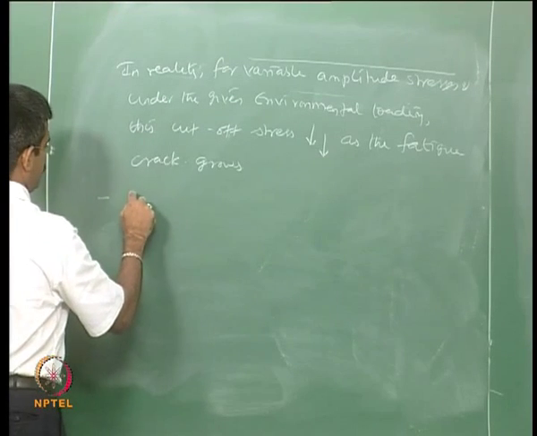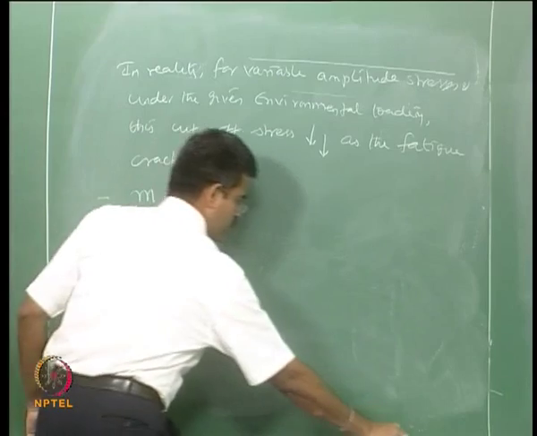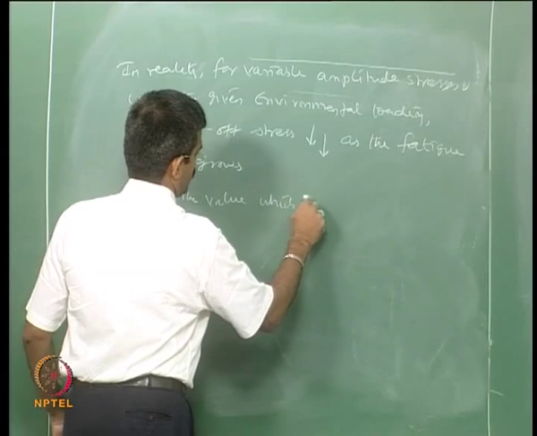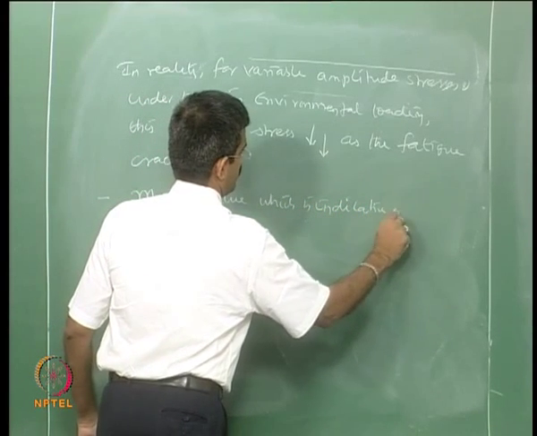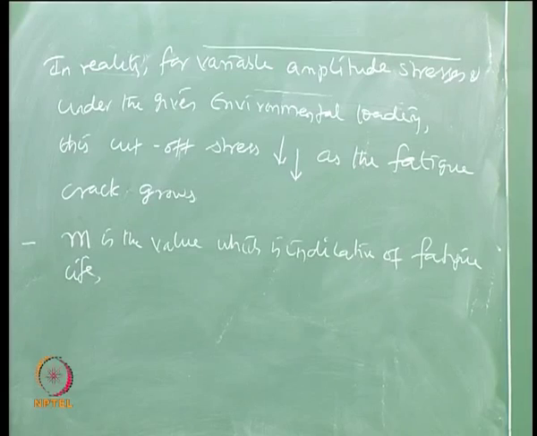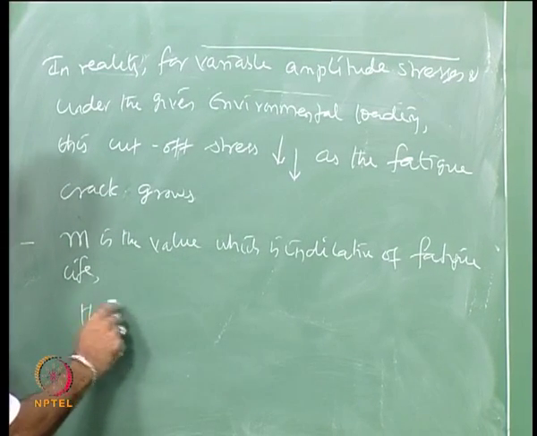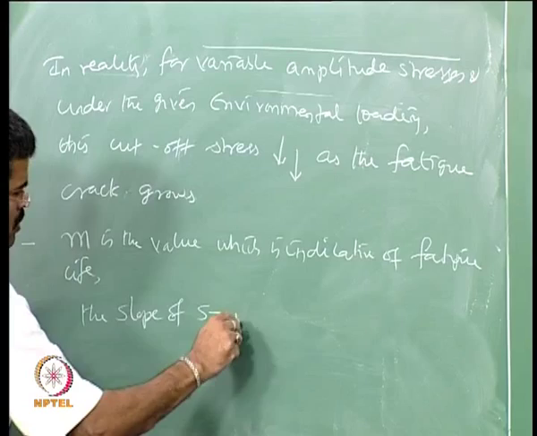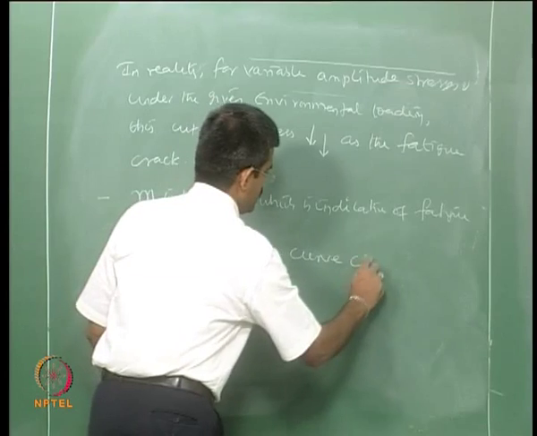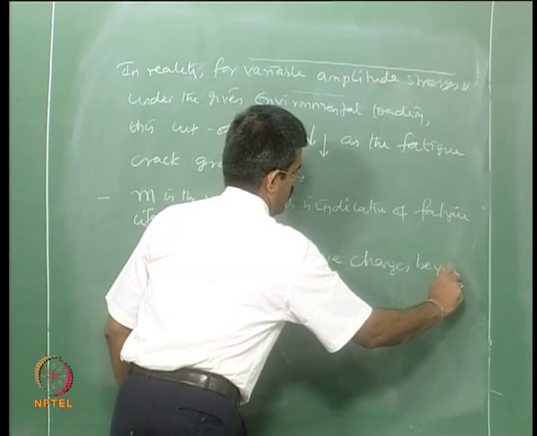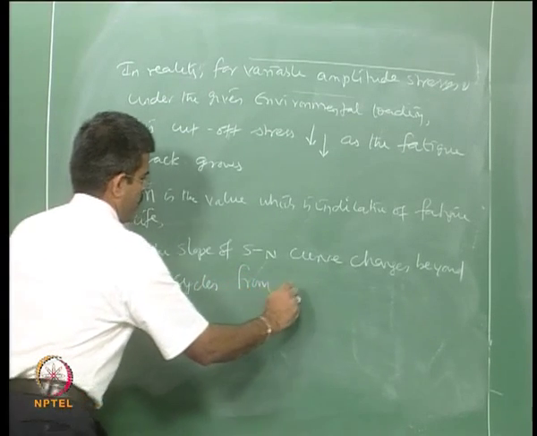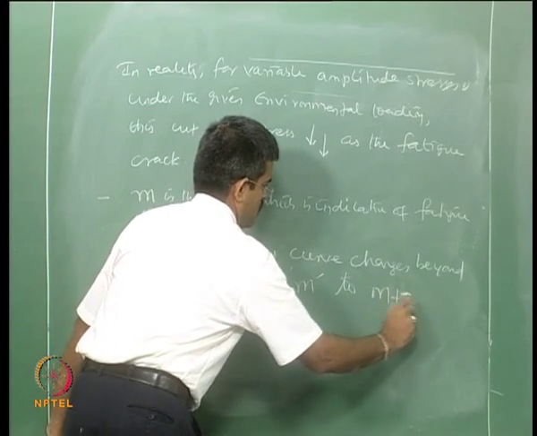Interestingly, as m is the value which is indicative of fatigue life, the slope of the SN curve actually changes beyond 10 power 7 cycles from m to m plus 2.